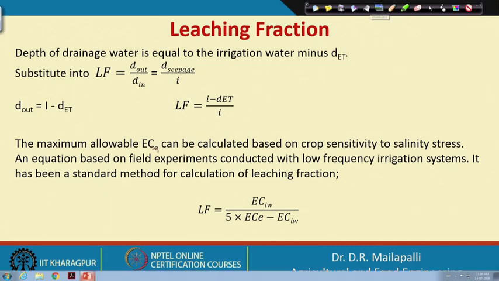Now, the depth of drainage water is equal to the irrigation water minus DET.